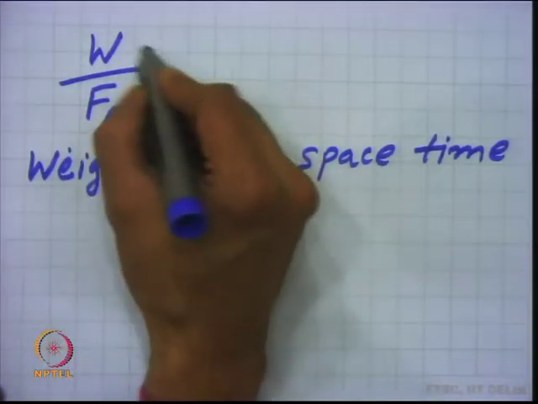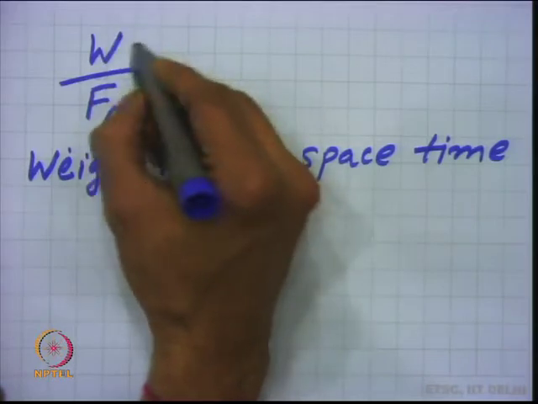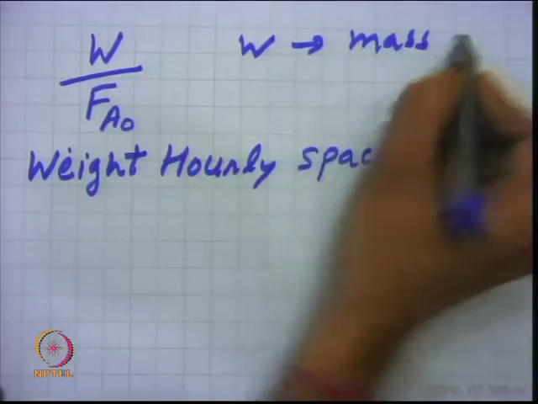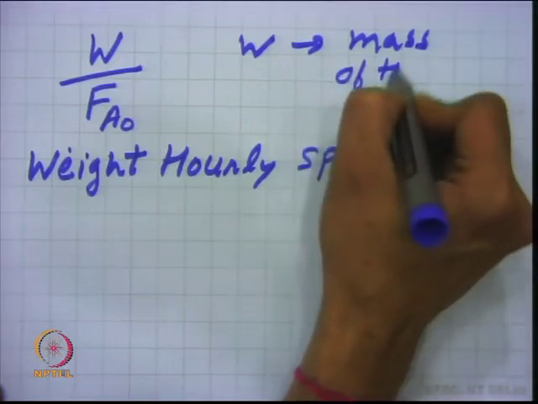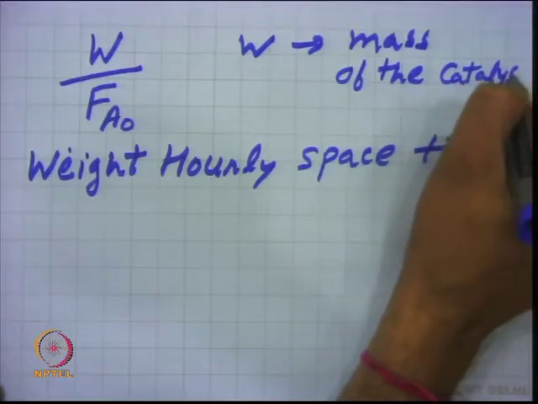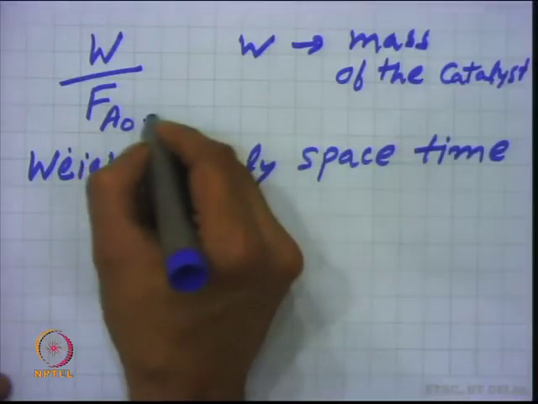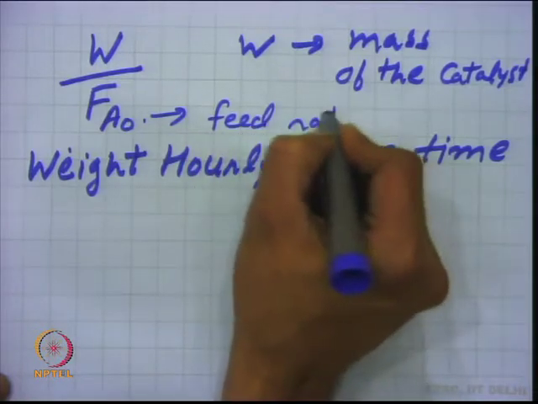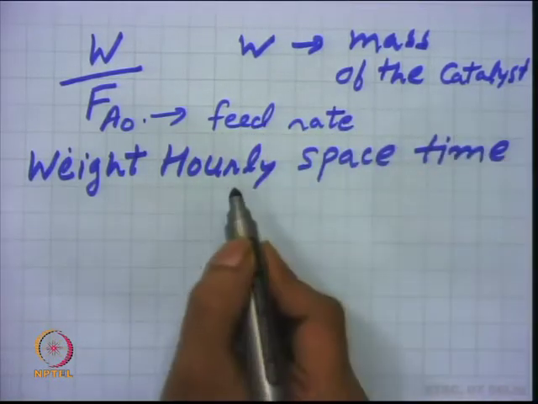So, W by F A naught, where W is the mass of the catalyst in the bed, and F A naught is the feed rate of the limiting component. This is the molar feed rate or mass feed rate.